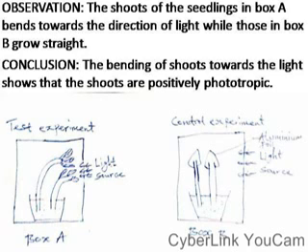Conclusion: the bending of shoots toward the light shows that shoots are positively phototropic, while the roots, which do not bend toward the direction of light, are negatively phototropic. That is, the roots are negatively phototropic, while the shoots are positively phototropic.